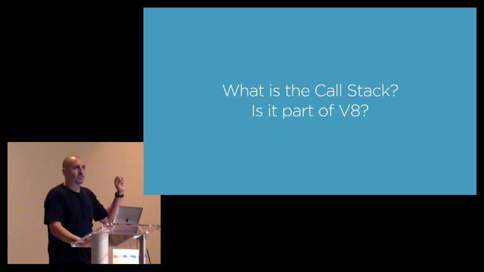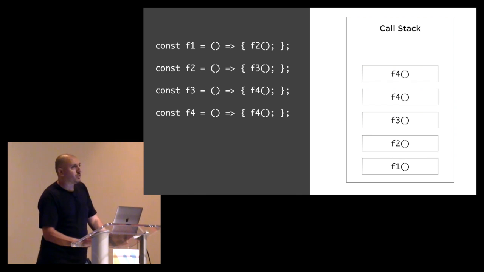All right. So the call stack is definitely part of V8. And the call stack is the structure that V8 uses to keep track of function invocations. So every time you invoke a function, V8 places that on the call stack and keeps doing so, including functions that you invoke recursively.